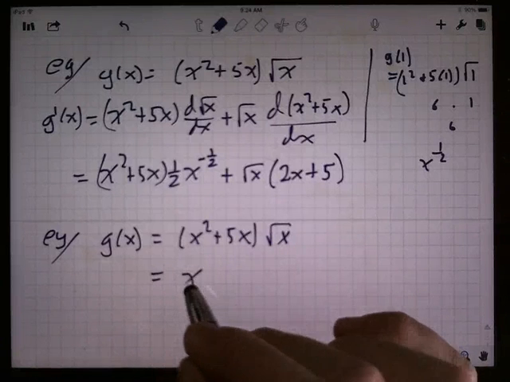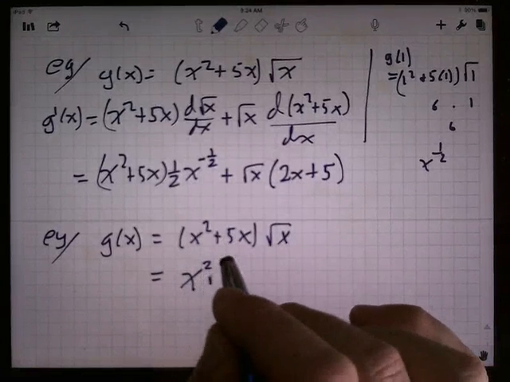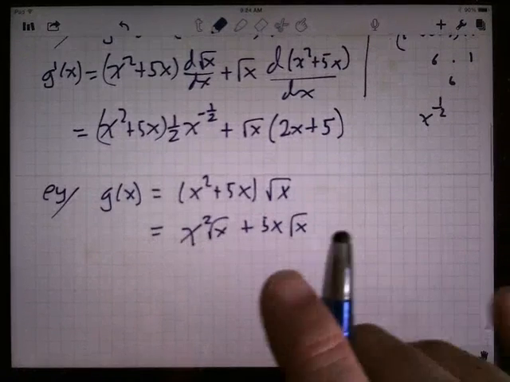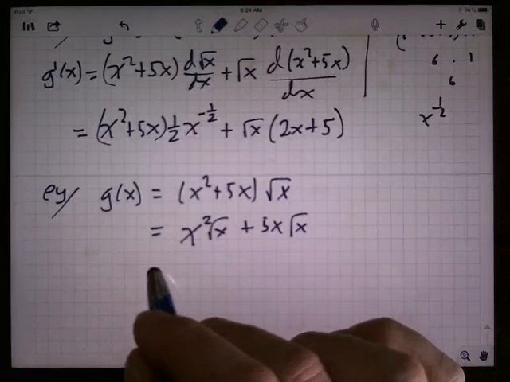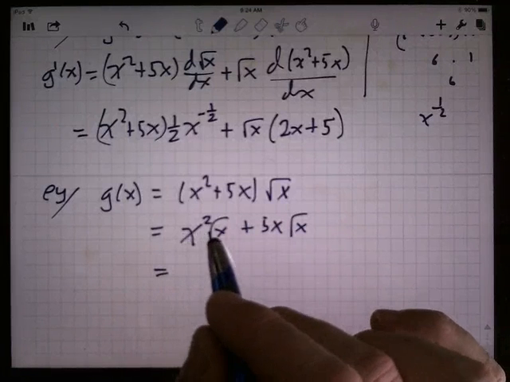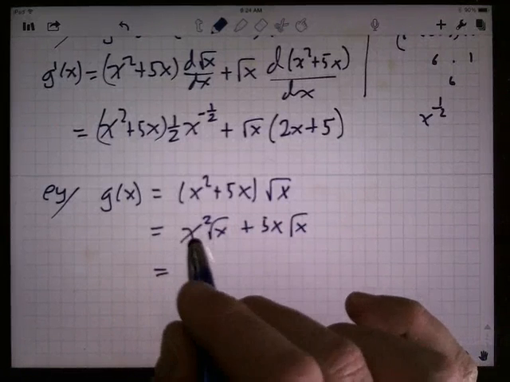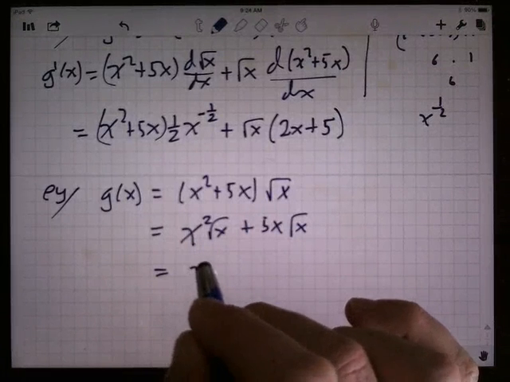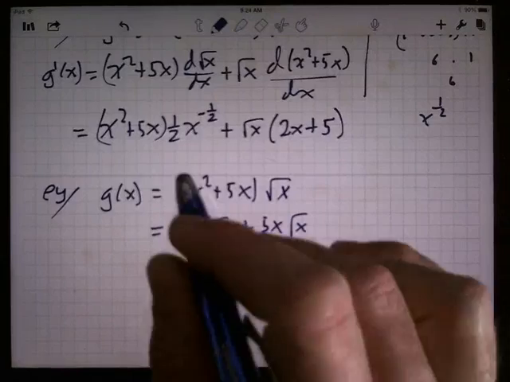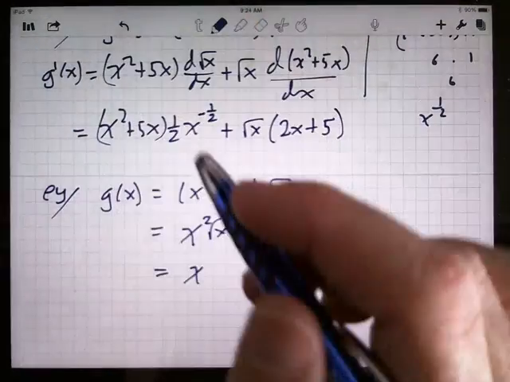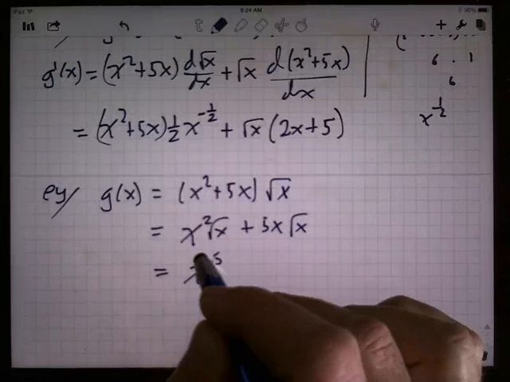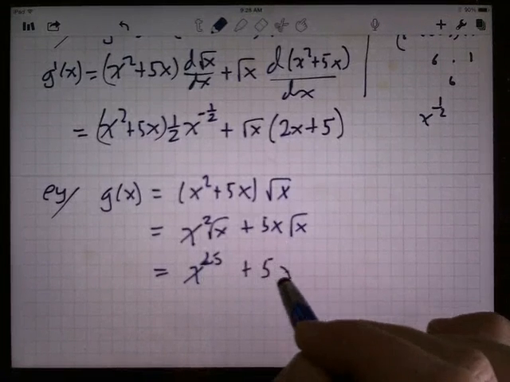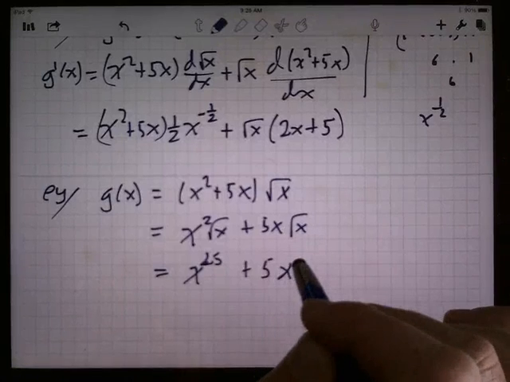So I've got x squared times the square root of x plus 5x times the square root of x. And if I think of something like this, this is x to the half power times x to the 2 power. So this is actually x to the 2.5 power. Oops, not 5.2, 2.5. Likewise here, this is 5 times x to the 1.5 power.